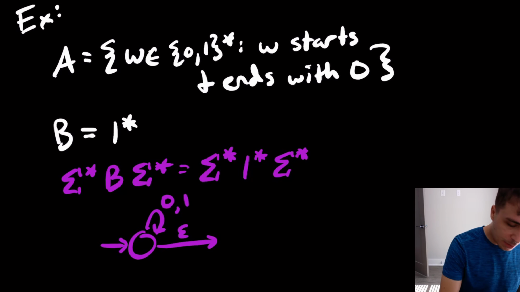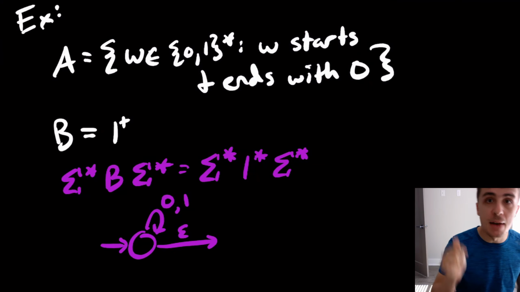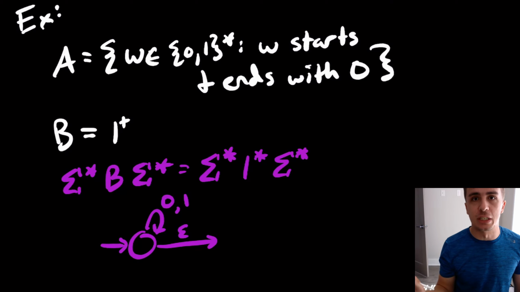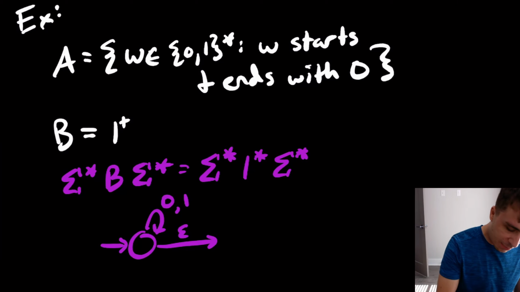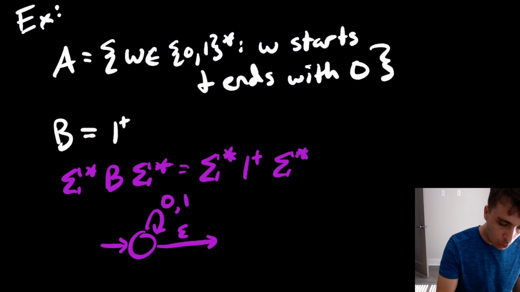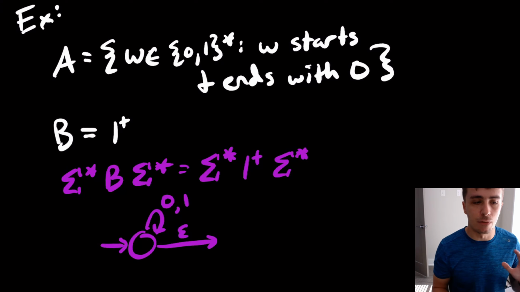Actually, I'm going to amend the example and have it be 1 plus, because if I have the empty string in there, then A avoids B is not going to have any strings at all, because the empty string is a substring of everything. If you don't recall, 1 plus just means all the strings that consist of 1s, but have at least one occurrence of 1, so excluding the empty string.